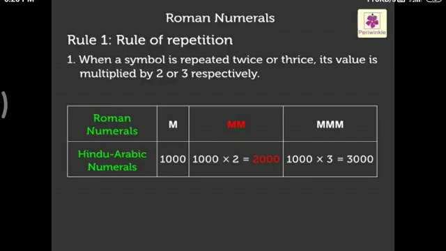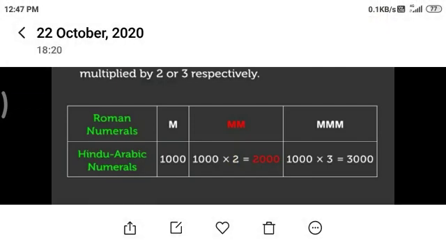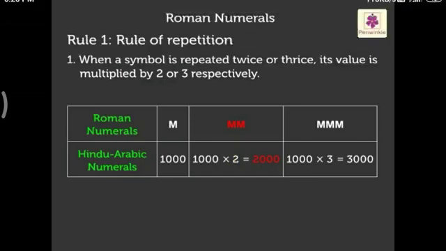It means the letter M can be written in Indo-Arabic numerals as 1000. For M, 1000 into 2 equals 2000. Then M, 1000 into 3 equals 3000. This is rule of repetition, first step.